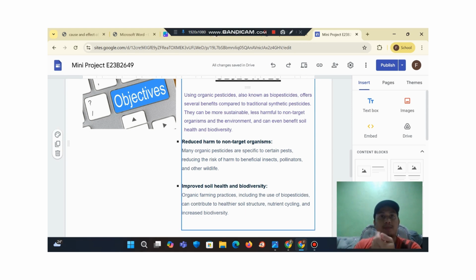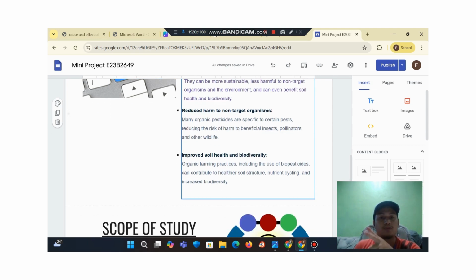For example, I've seen my mother using it as a pesticide. Most insects that I've seen, it takes around 3 to 4 days for quite some time, if not rain. And number two is improve soil health and biodiversity.